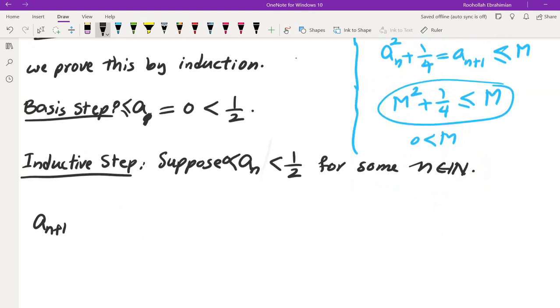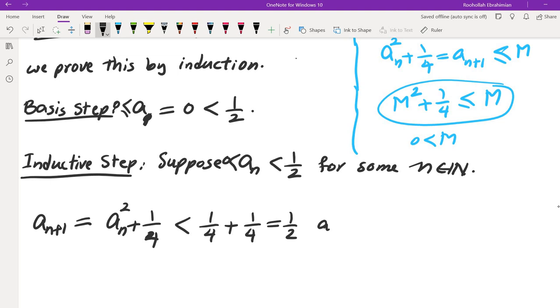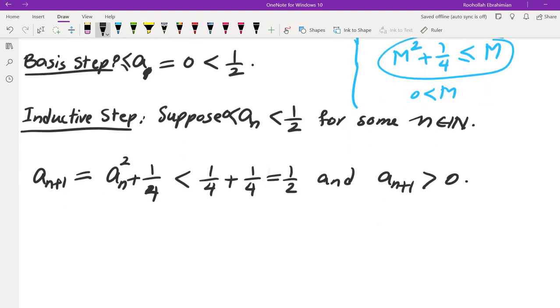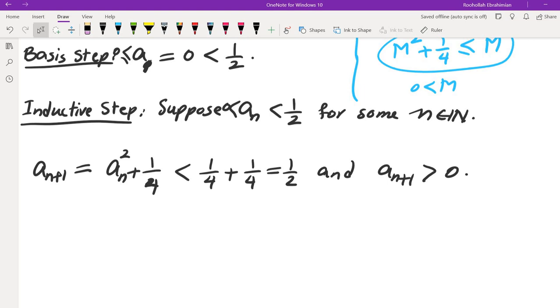Suppose this is the case. a_{n+1}, which is a_n squared plus 1/4, is going to be less than 1/4 plus 1/4, which is 1/2, and a_{n+1} is of course positive. So this completes the proof.